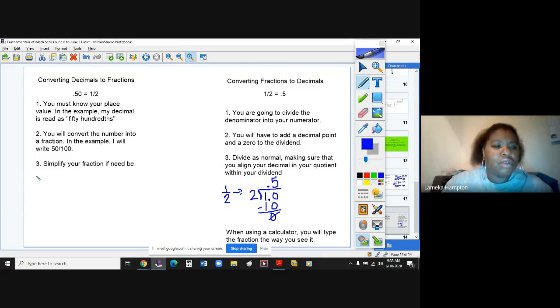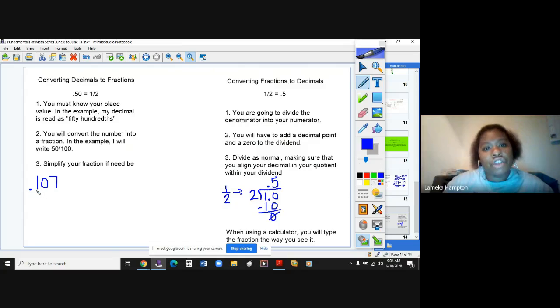So I'm going to start with 1, and then I will eventually go to a bigger number. So again, this is my decimal. My decimal is 0.107. Now I know that's how we would normally say it, but again, you have to know your place value.